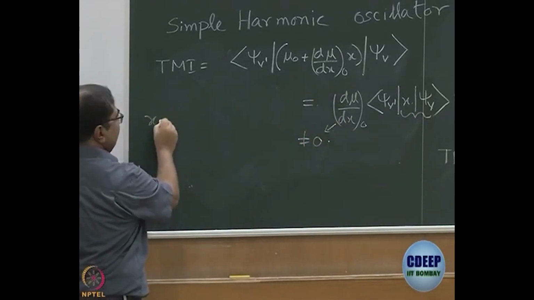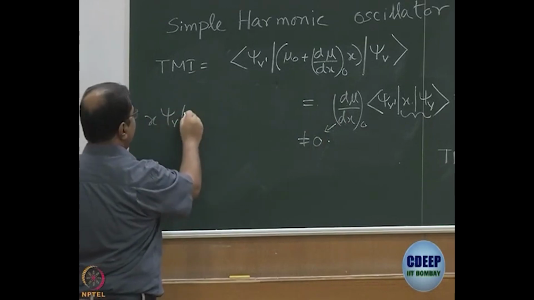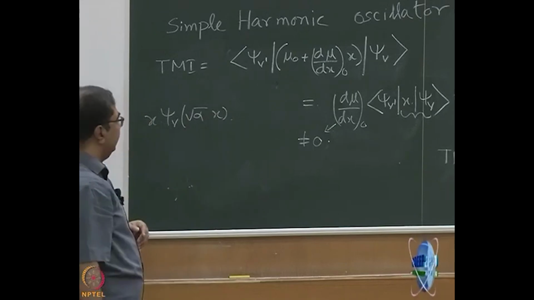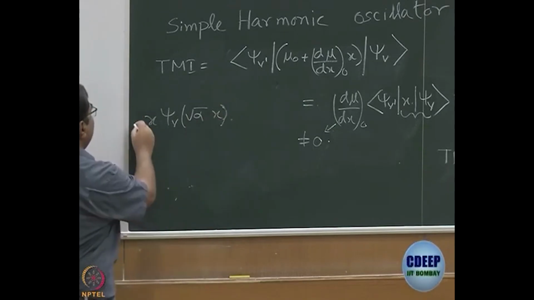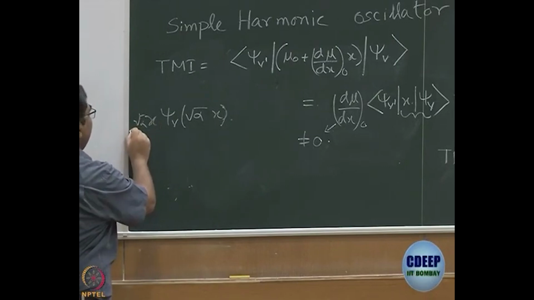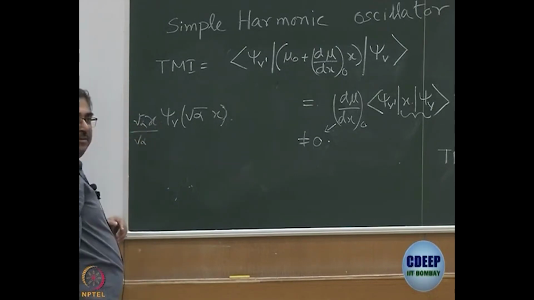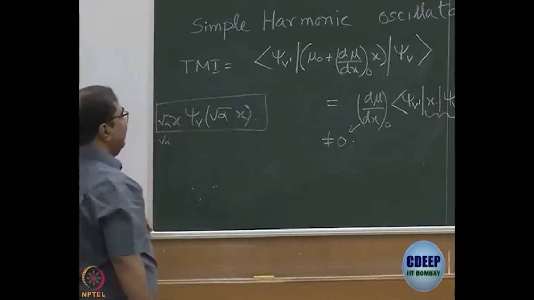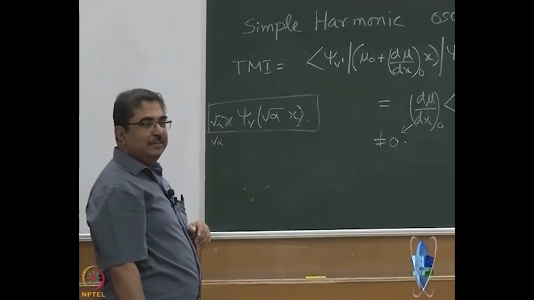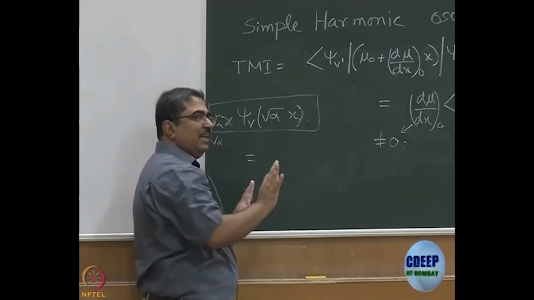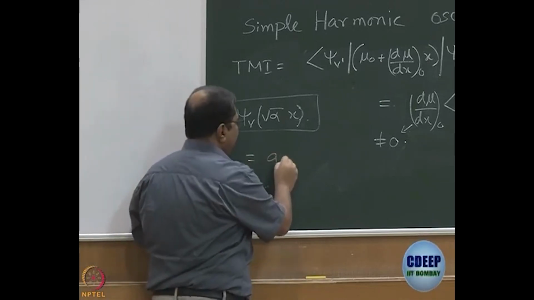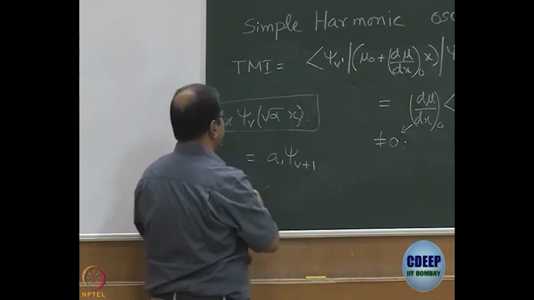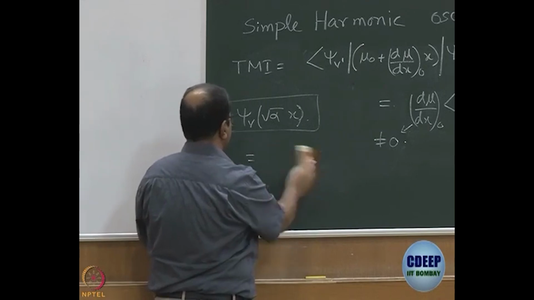What is x multiplied by psi v of root over alpha x? Well, I can write it as root over alpha x divided by root over alpha, no problem with that, and you already know what root over alpha x multiplied by psi v of root over alpha x is.